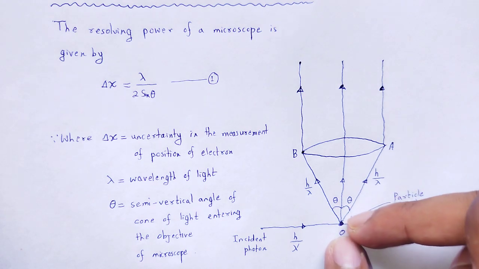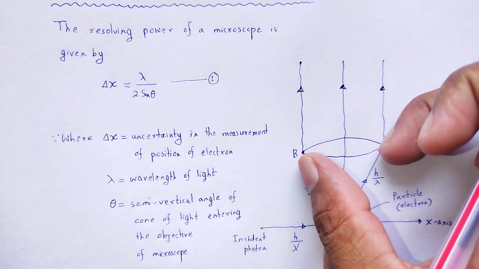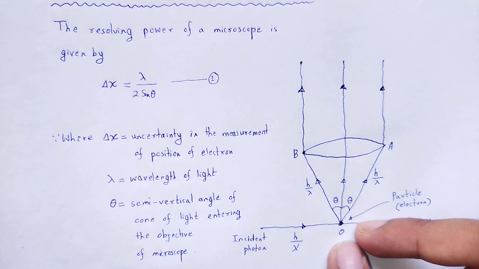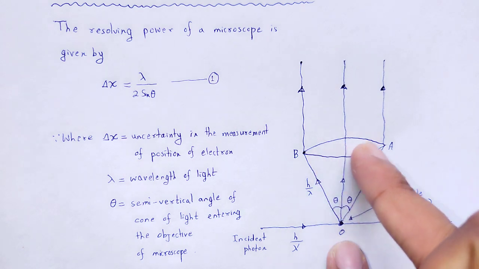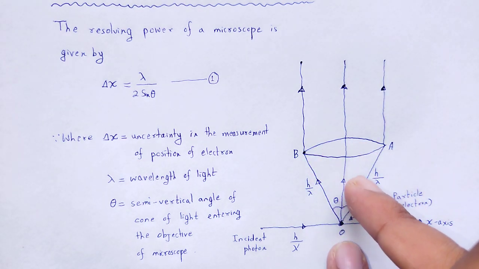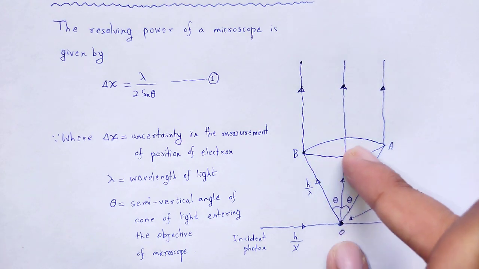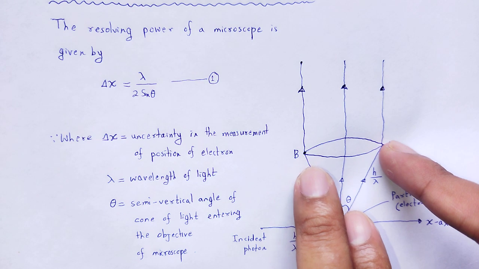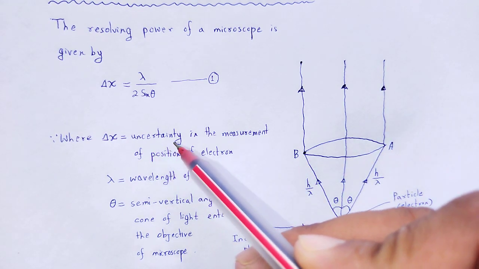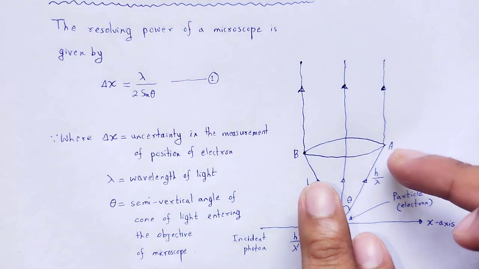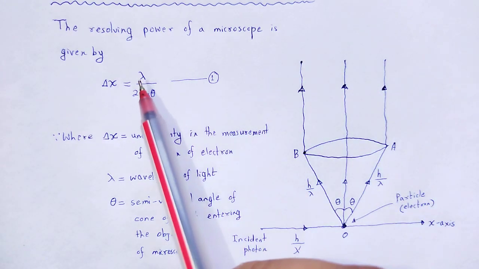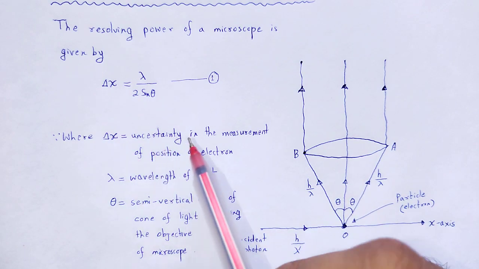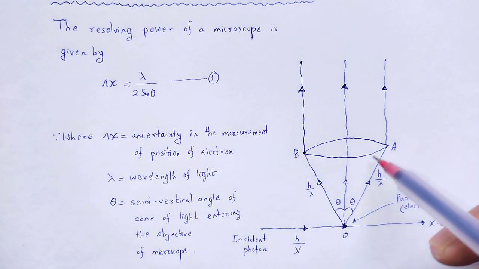If the scattered photon is within that range, we can easily see that electron. So the position of the electron is seen in between these 2 points. So that is again the uncertainty in the measurement of position of the electron. So the resolving power, that is del x, is called the uncertainty in the measurement of position of the electron.